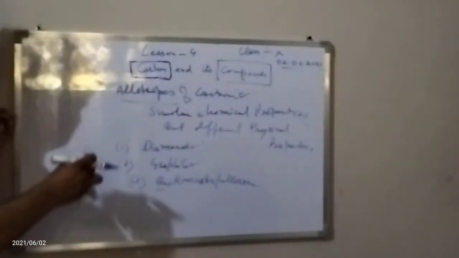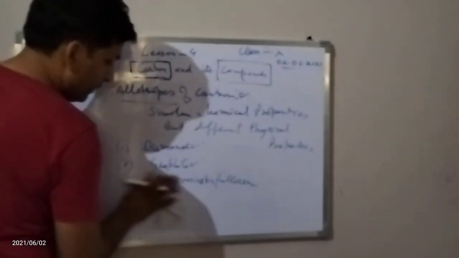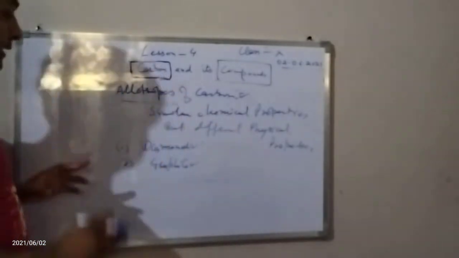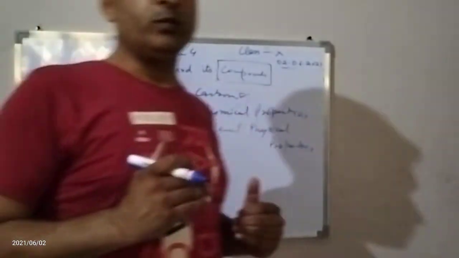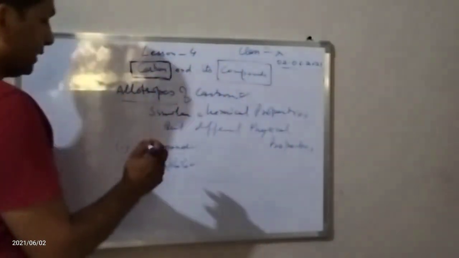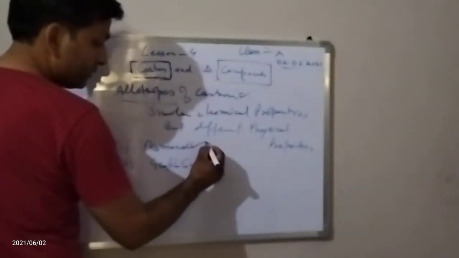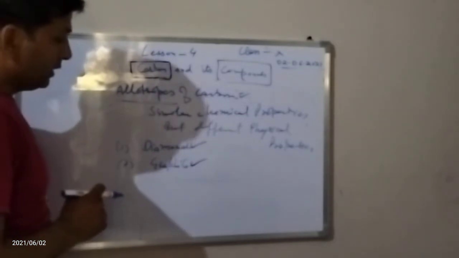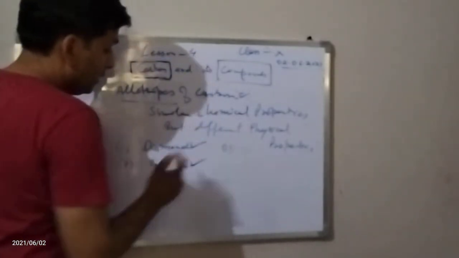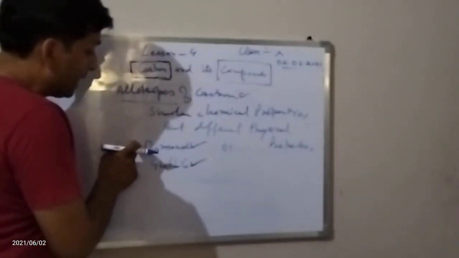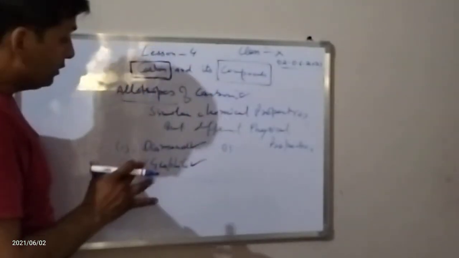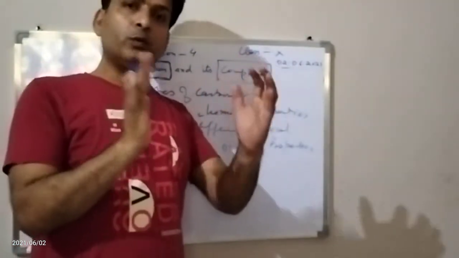If we look at diamond and graphite, you will notice that they have entirely different physical properties. Diamond is the hardest substance and graphite is soft to touch. Diamond is a bad conductor of electricity, graphite is a good conductor.